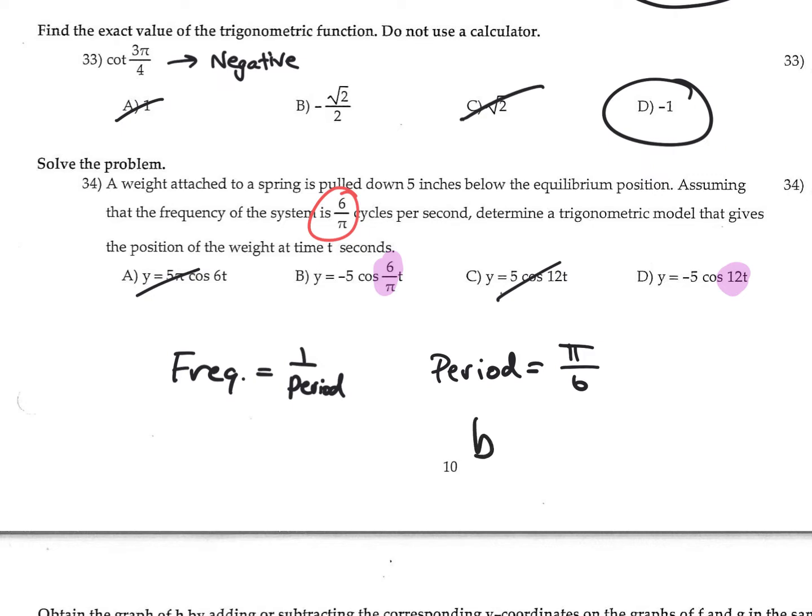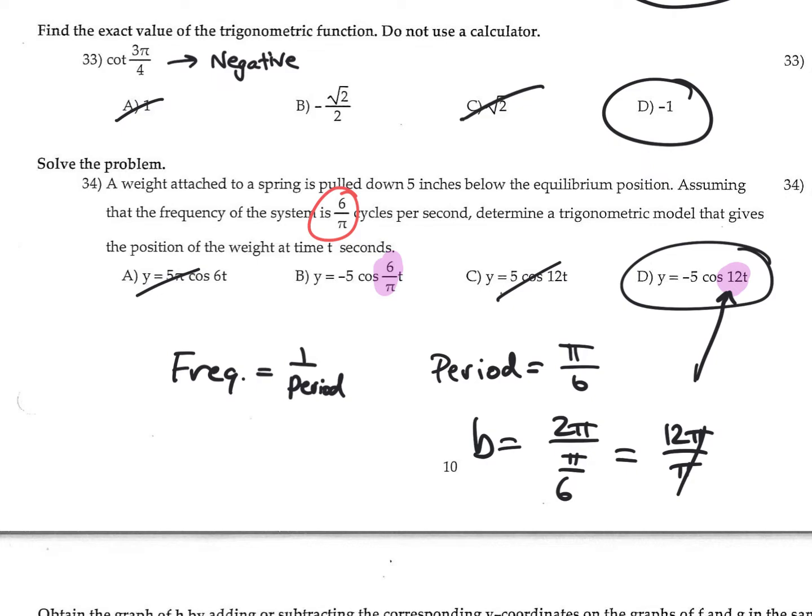In order to find our B value, I take 2 pi and divide it by the period. In this case, I will have 12 pi over pi, or 12. That B value is what's going in right here. I can see that that 12 matches what I found for my B value, making D the best option.